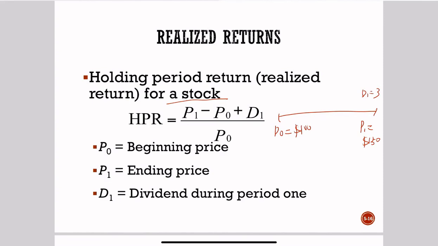Now the realized return is essentially 150 plus the dividend minus the initial price, divided by the initial price. So I guess it's 53%.